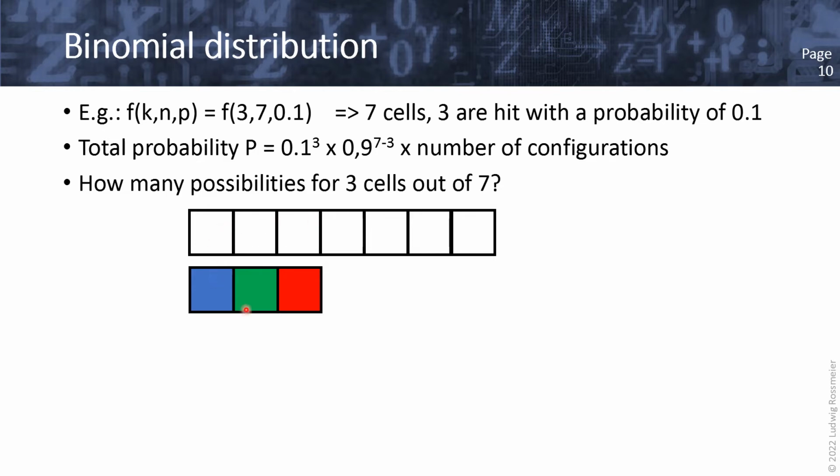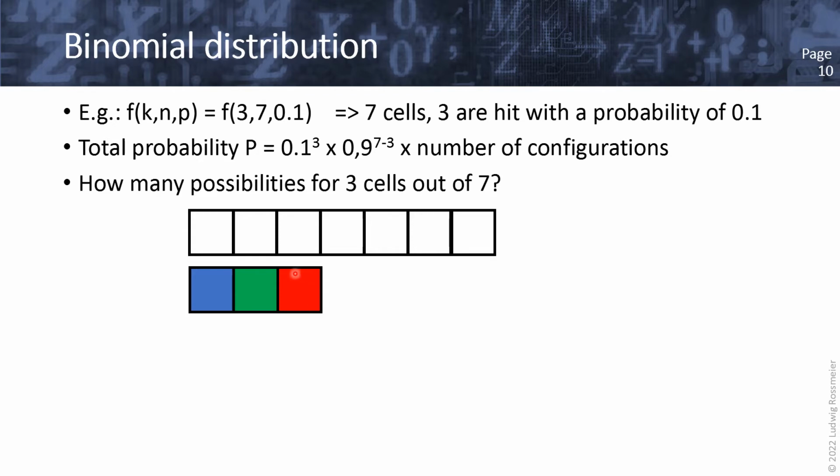Then next, the green cell will be distributed. And for the green cell, since 1 is already covered by the blue cell, 6 open places are possible. That means for 2 cells, we would have 7 times 6 possible configurations.